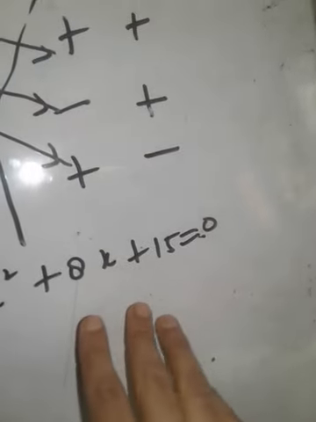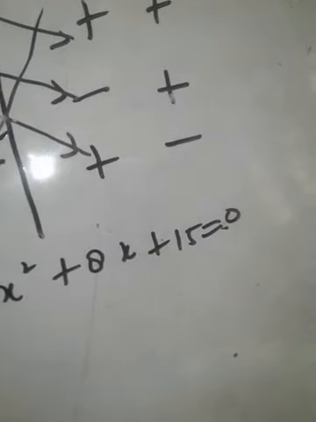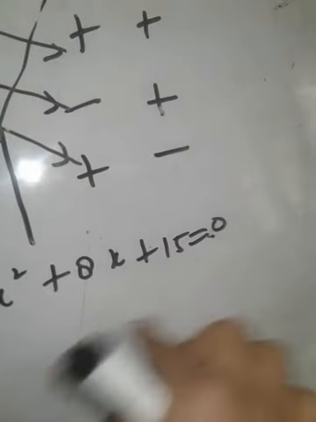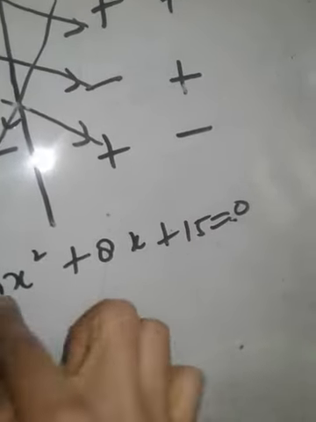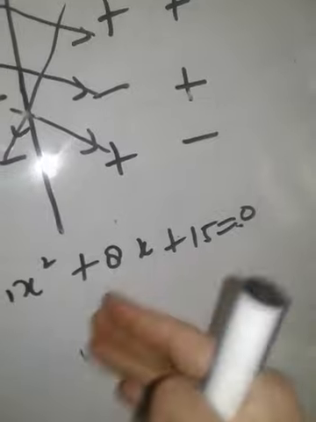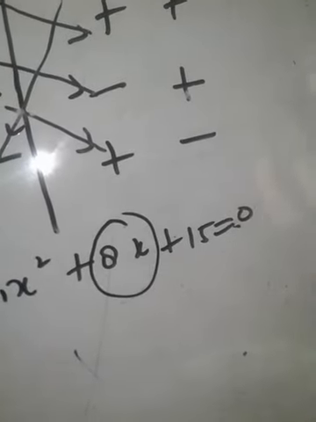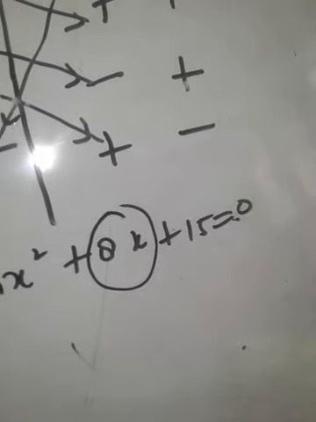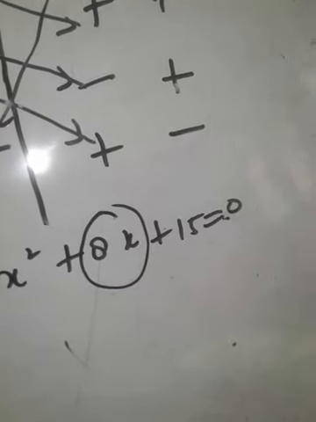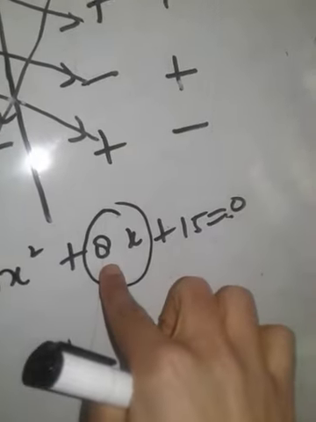Just now you know splitting the middle term. You multiply the constant and the coefficient of x square, 15 into 1, this is 15. Now split this 8 so that if we add up the numbers, it will become 8.